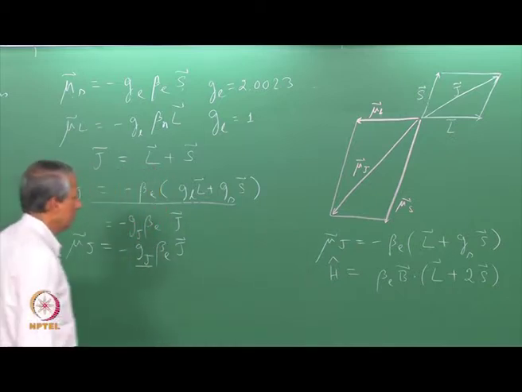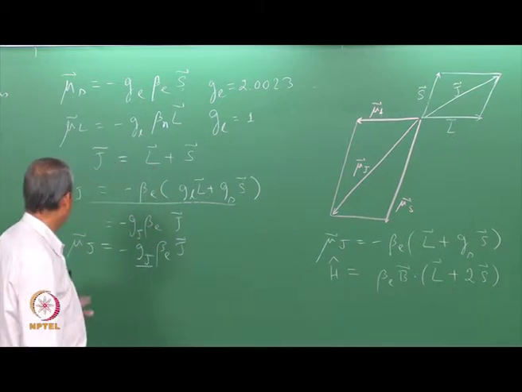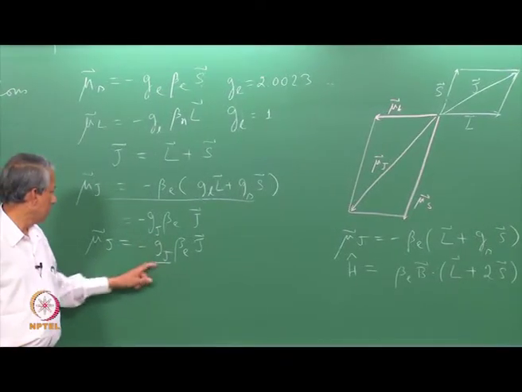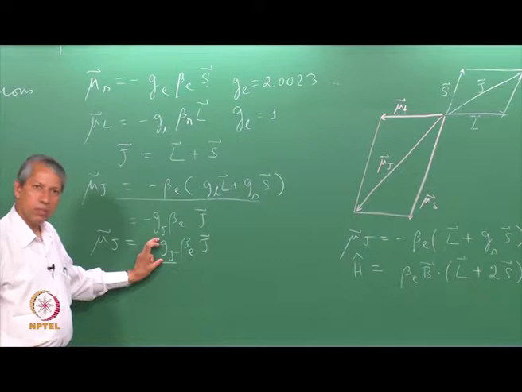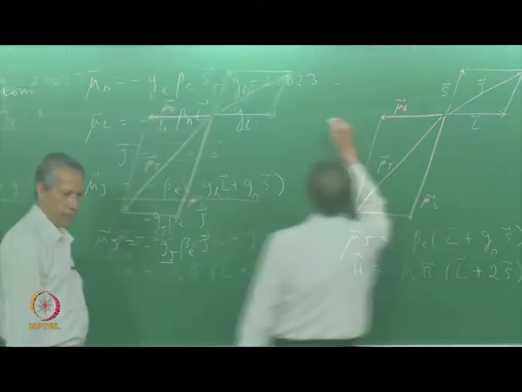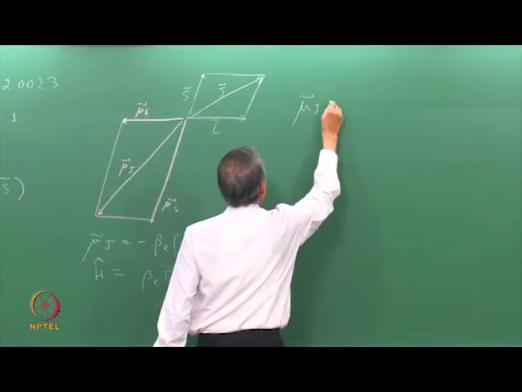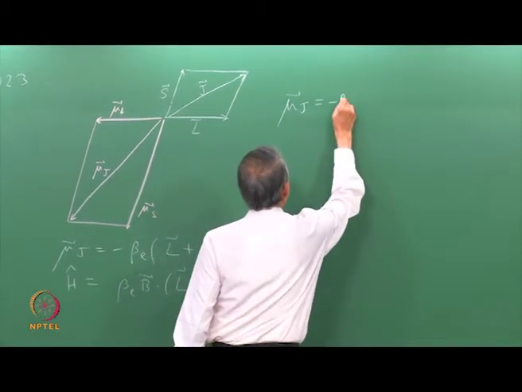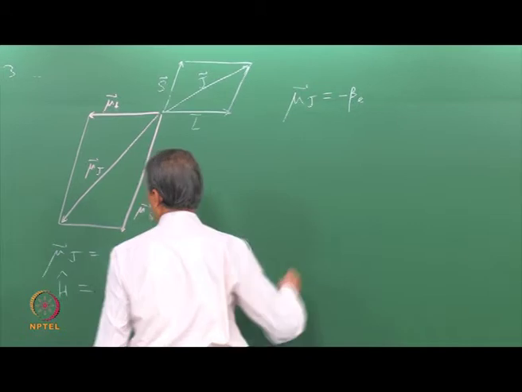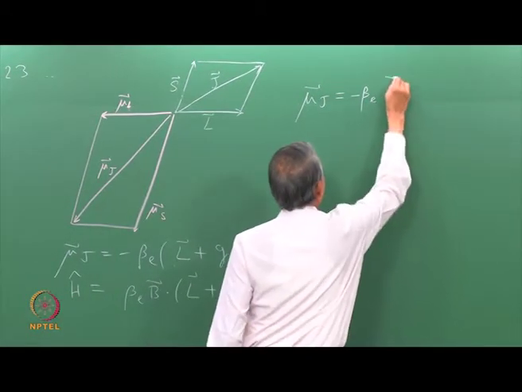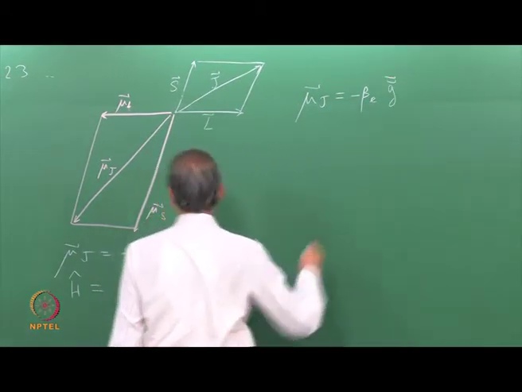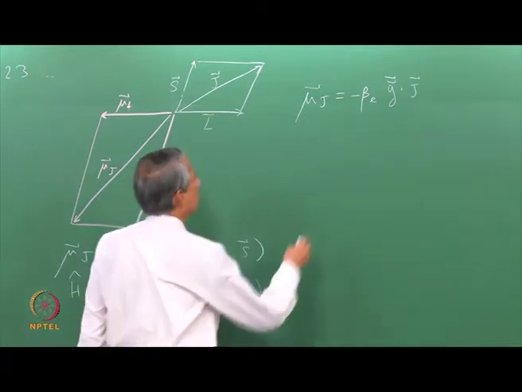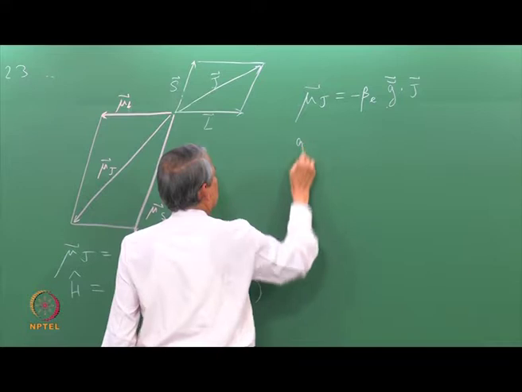Another way of doing it is to say that because these cannot be parallel to each other, I can't use a pure number. So, how about using a 3 by 3 matrix here? mu of J is something I write in this fashion, where this is a 3 by 3 matrix.